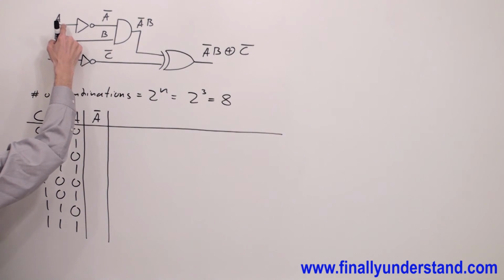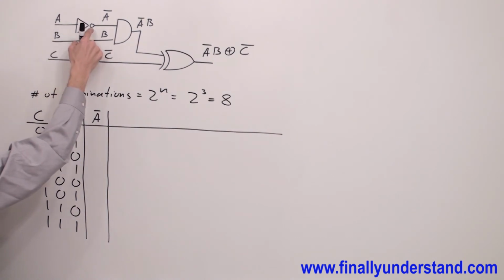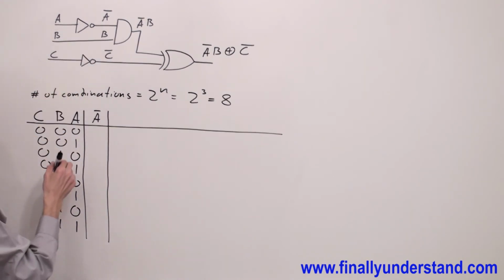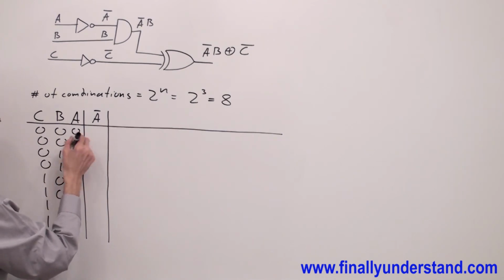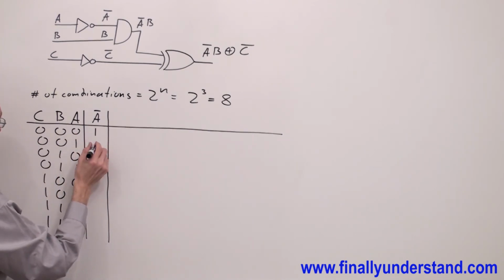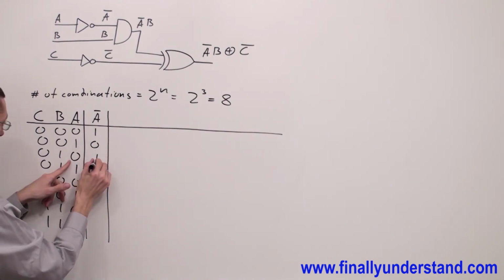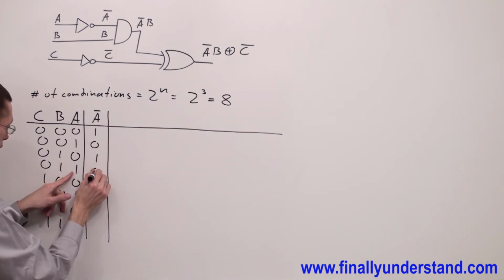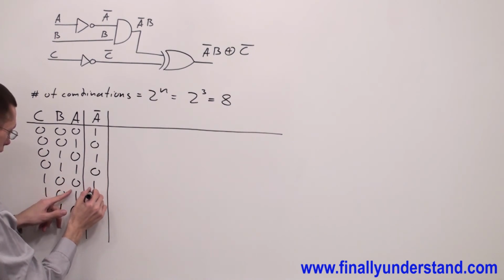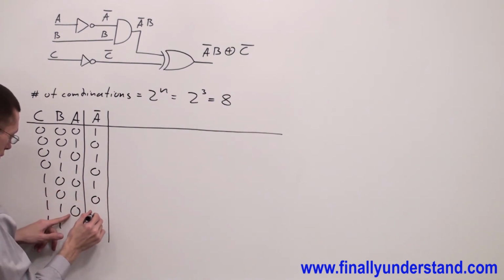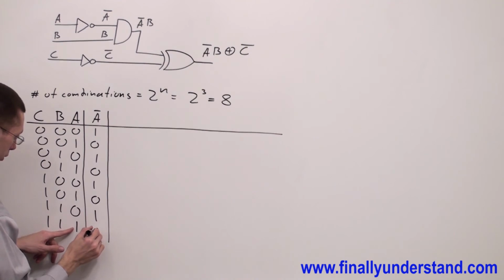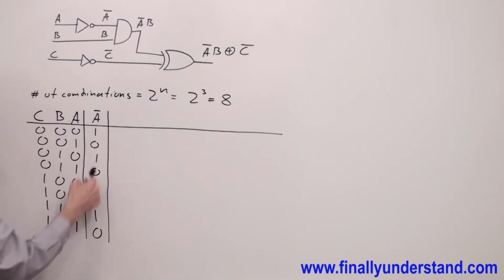So whatever comes to the inverter, on the output you are going to have the complement of it. So if I have 0 at the input, on the output I'm going to have 1. 1 is going to give me 0, 0 is going to give me 1, 1 gives me 0, 0 gives me 1, 1 gives me 0, 0 gives me 1, and 1 gives me 0. This is my column A naught.